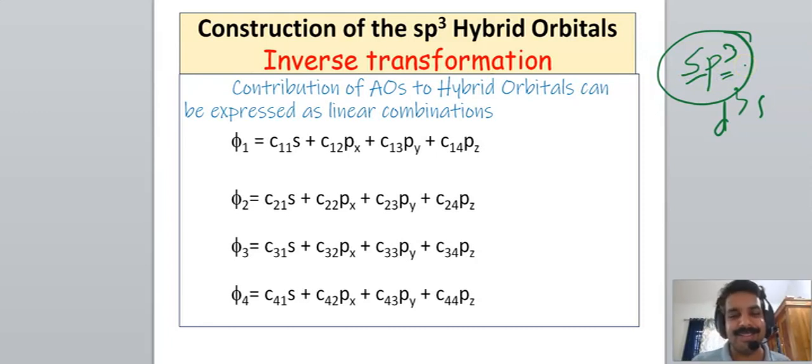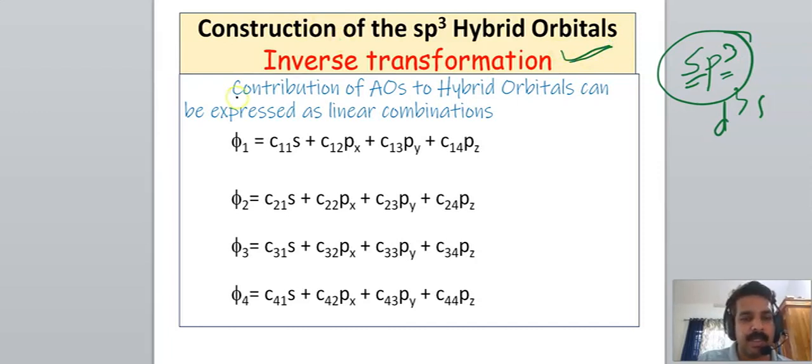We can determine the actual hybrid orbital wave function by taking a linear combination of s and p orbitals, and we want to find out the coefficients, that is, the contribution of each orbital towards the hybrid orbital. And this method is called the inverse transformation method. We will see later.